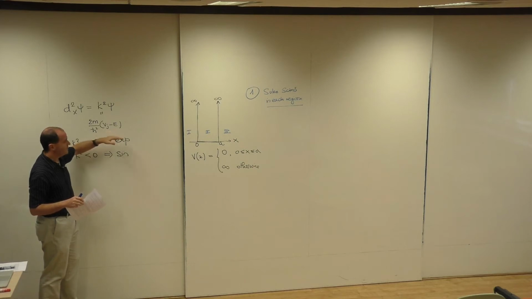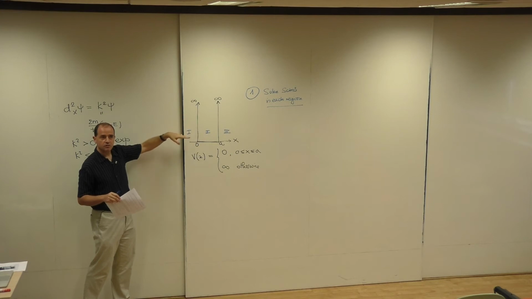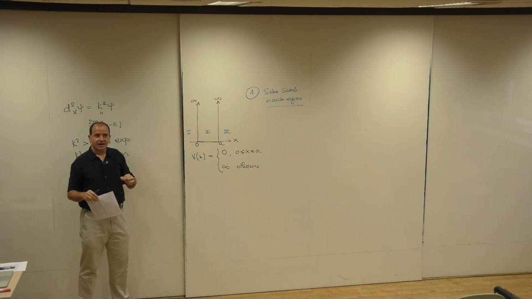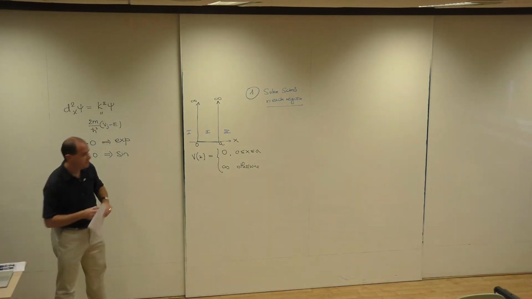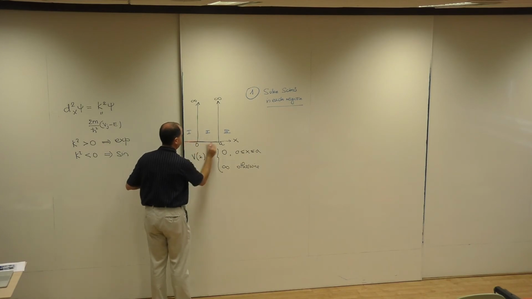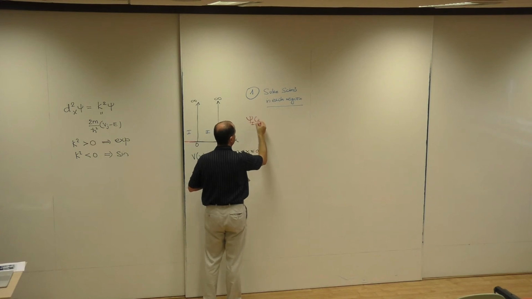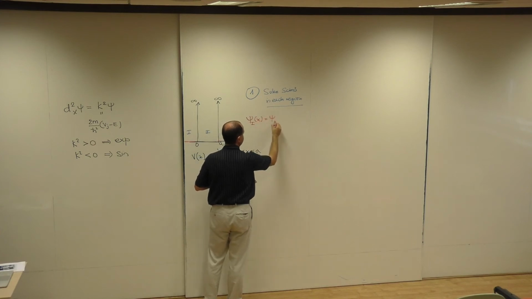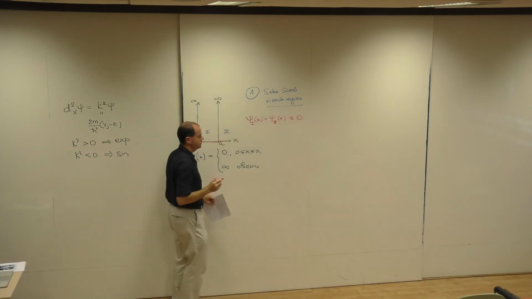And we are at an energy that, wherever you put your energy, is below infinity. So you have an exponential that goes down infinitely fast, which means that the wave function in this region is strictly 0. So psi 1 of x is equal to psi 3 of x and is identically 0.